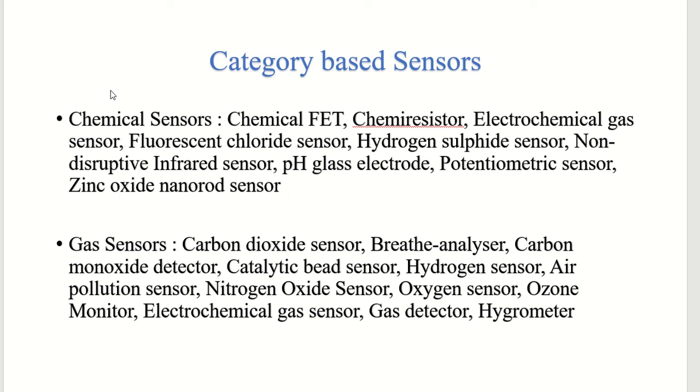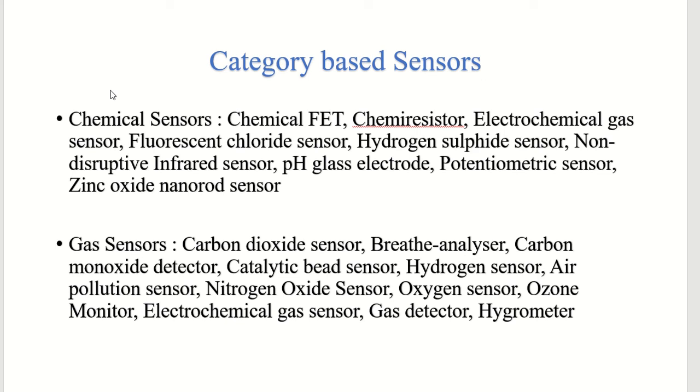oxide nanosensors. Then we have the gas sensors, which are similar to the chemical ones but specifically used to monitor changes in air quality and detect the presence of different gases.